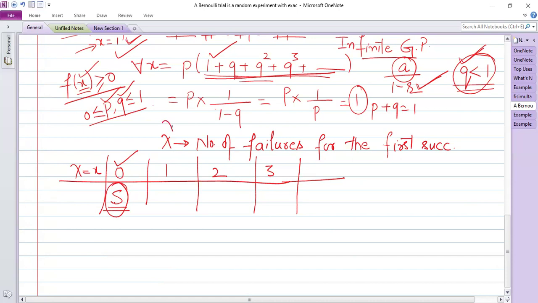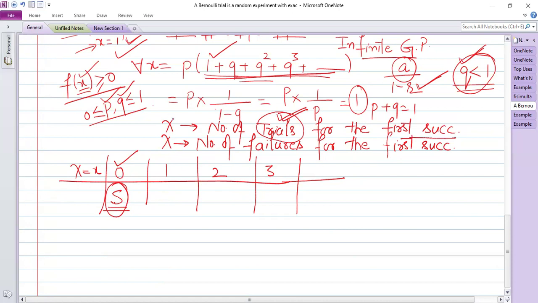If I define x as the number of trials for the first success, obviously I have to conduct the trial at least one time.